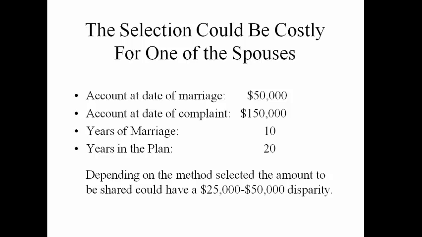And when that happens, we want to make sure that we test each of these methods before we select one, because we don't want somebody going back to court after the division takes place and the numbers are placed in the QDRO, where the participant spouse or the non-participant spouse gets less than they would have had a different method been selected. So in our example here, the coverture method is the low one at $75,000, and the subtraction method is the high one at $100,000.